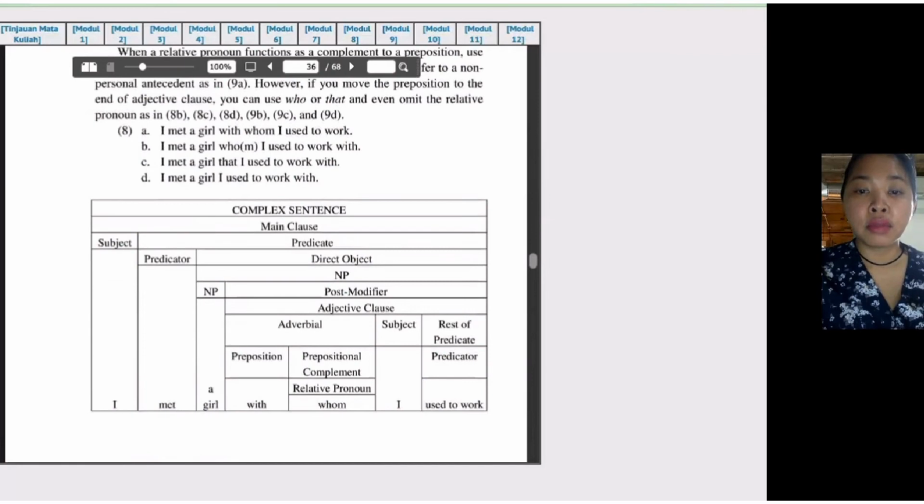So the prepositions, so that is the relative pronoun.